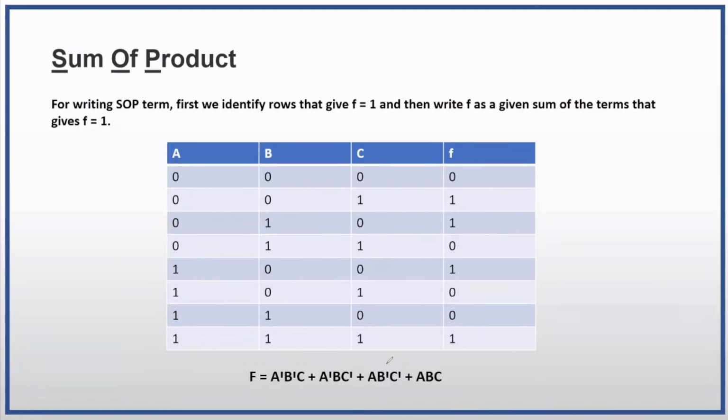So let's see how we can get the sum of product, that means how we can obtain the function using the truth table. Before this, I will show another notation that you can use in truth tables.